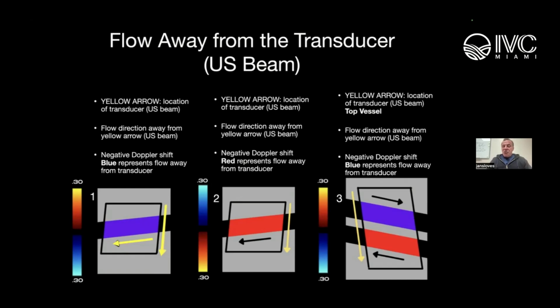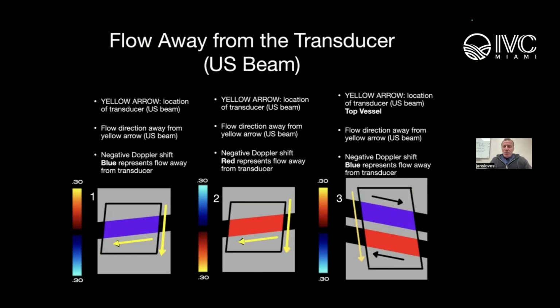Now, in number two, we can also appreciate the beam coming down and the box is steered. And now it's basically the opposite. So we have red going away here, so it's below the baseline.